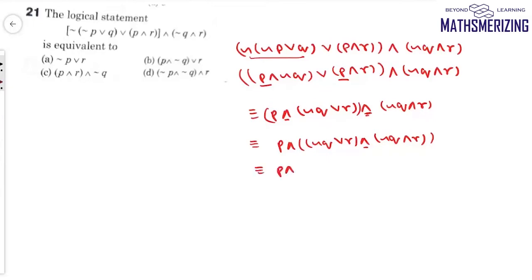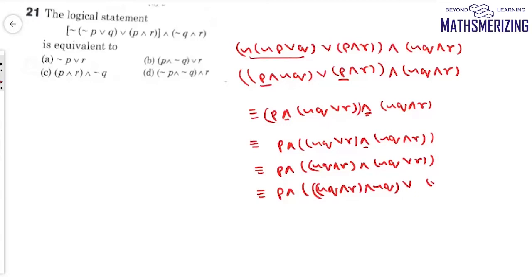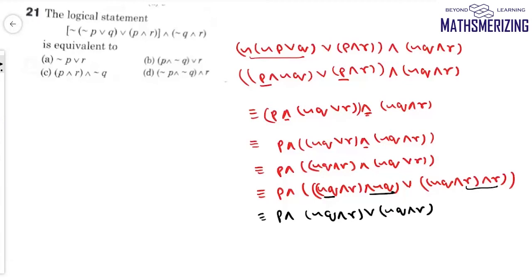So I'll write, so this is P and this is not Q and R and this is not Q or R. So now I can distribute it as, so this is P and this is not Q and R and not Q, or not Q and R. So this is P and not Q, and not Q is simply not Q. So this is not Q and R. This is union, and this is R and R, which is simply R. So this is again not Q and R. Now A or A is simply A. So this is P and not Q and R. Now again we know that conjunction is associative and commutative.